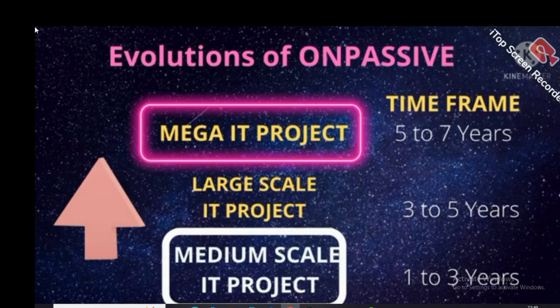If you see the time frame, a medium scale IT project takes about 1 to 3 years, a large scale project 3 to 5 years, and mega IT projects 5 to 7 years. My dear friend, that is excellent progress for ONPASSIVE. In the span of 3 years, that is excellent progress, and it is at a very, very advanced stage.